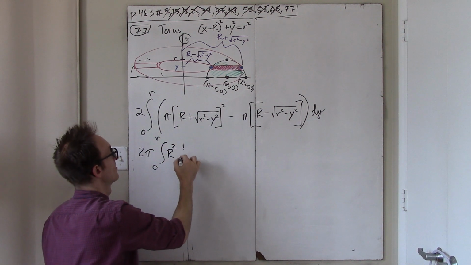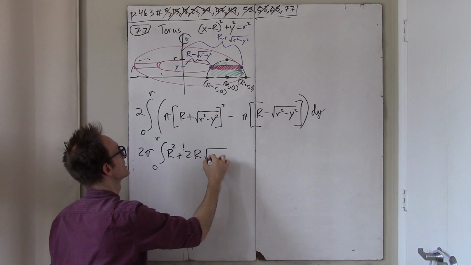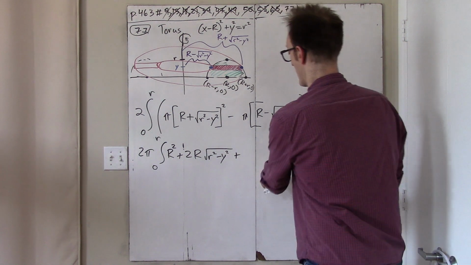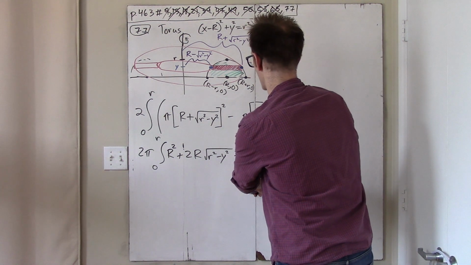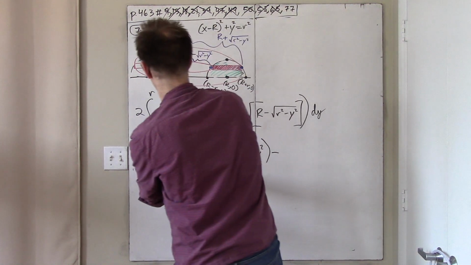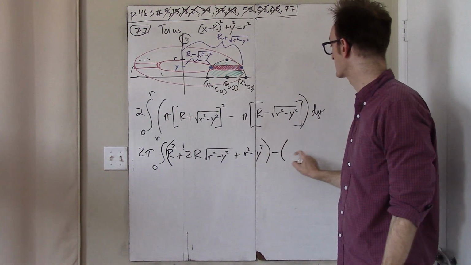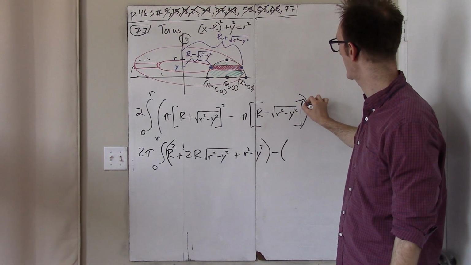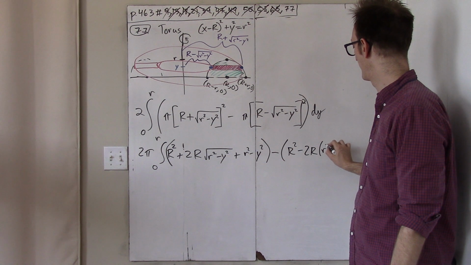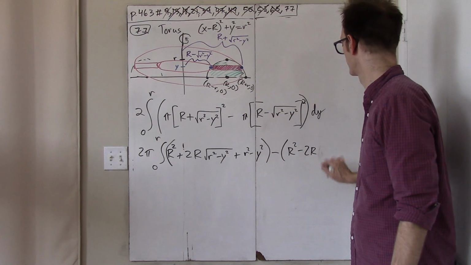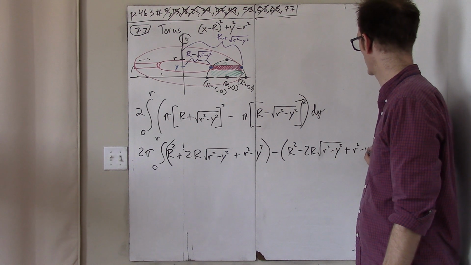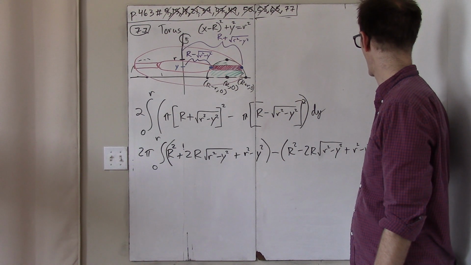R squared plus 2 big R root r squared minus y squared, plus, when you square that, r squared minus y squared, but then minus, what happens when you square this, you get big R squared minus 2 big R root r squared minus y squared plus r squared minus y squared, and then there's a dy over here.